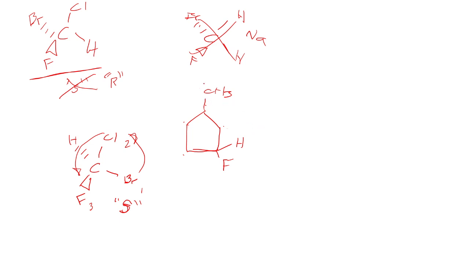Okay, so now this is a chiral center, right? And so there is no "not applicable" here. We need to assign this an R or S. So how do we go about this? Is the F in the back?